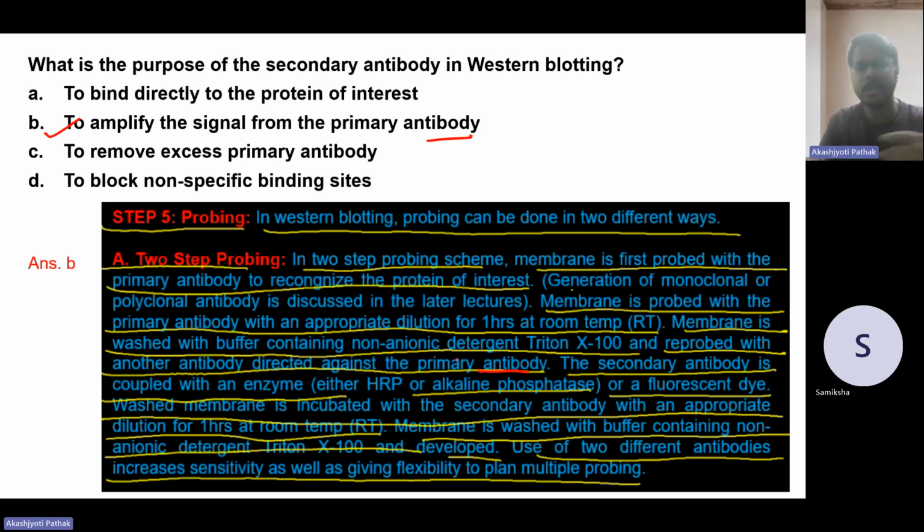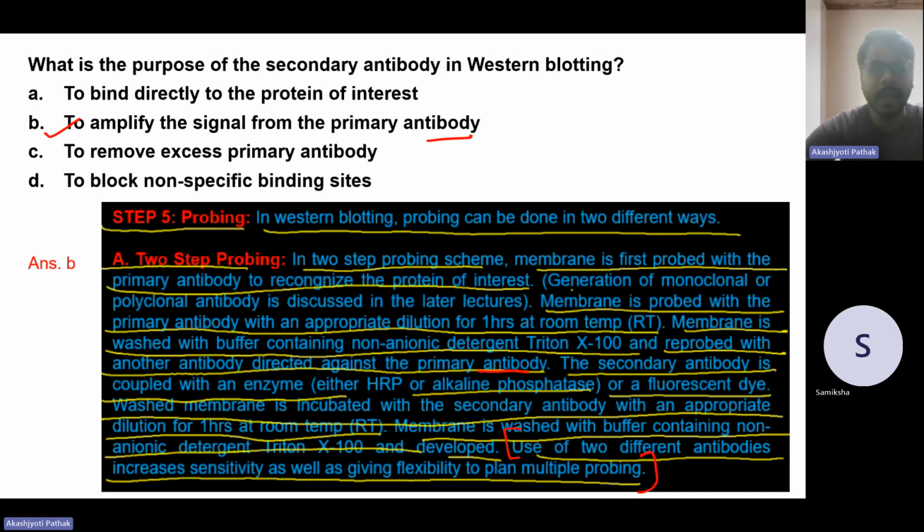The washed membrane is incubated with an appropriate dilution, and use of two different antibodies increases sensitivity as well as flexibility. So you are more assured that yes, this is where my protein is. The problem of non-specific binding reduces further.